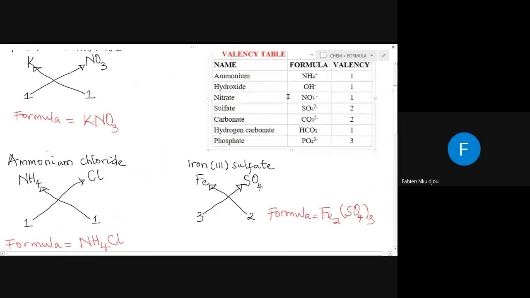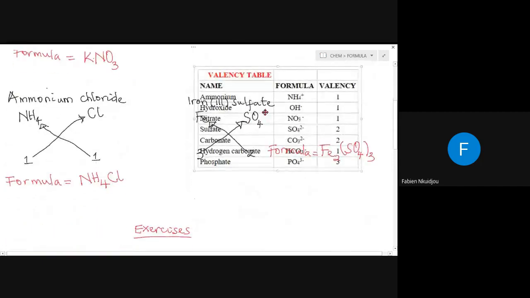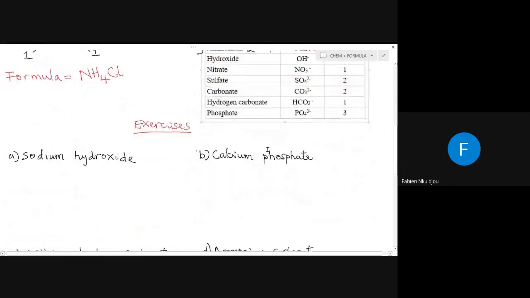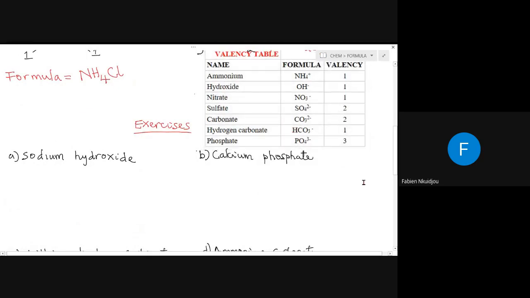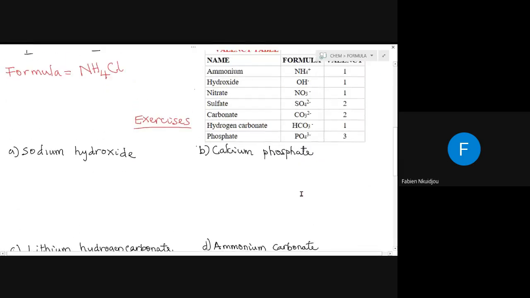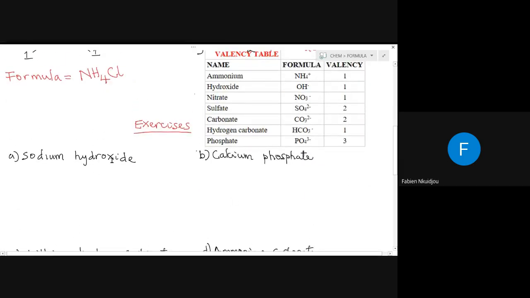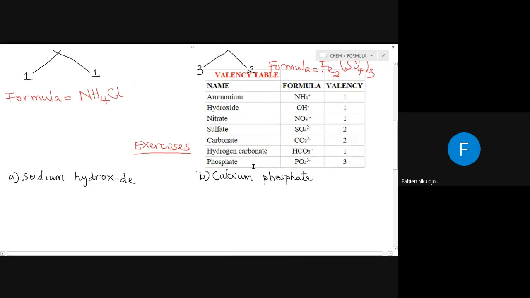Let's bring down our table. Okay. So there we have our table. We have sodium hydroxide. So what are the elements? We have sodium and we have the hydroxide compound ion.